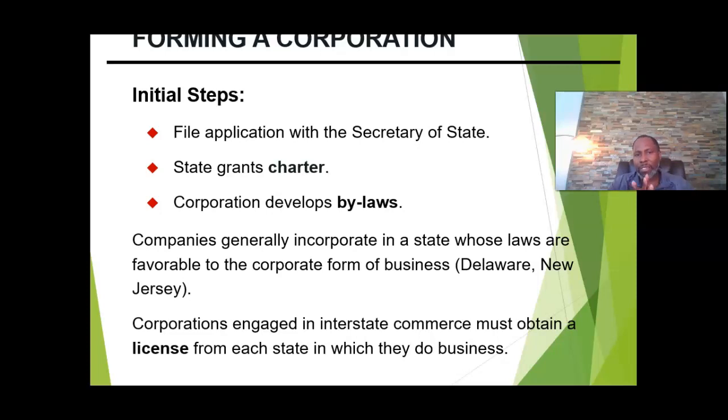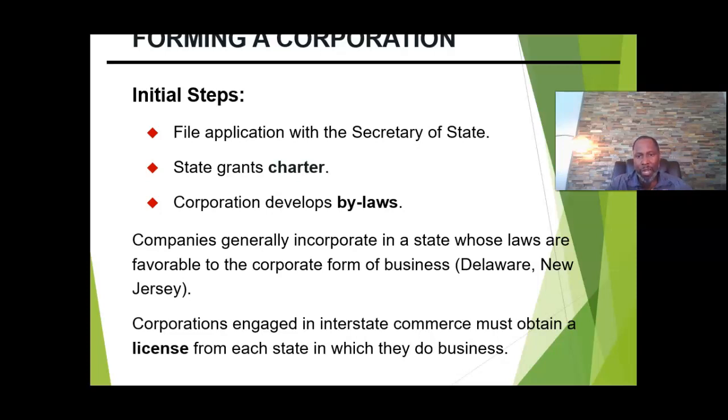Now, the requirements and the fees, etc., are going to vary from state to state. There are certain states who have more favorable laws than others, such as Delaware, New Jersey, Nevada. They tend to have more favorable or more relaxed requirements for becoming a corporation. So companies sometimes will incorporate there.